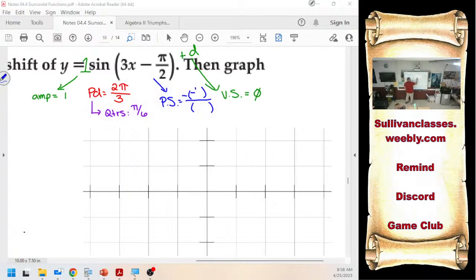So the negative pi over 2 goes here, the 3 goes here. Negative negative is positive. Pi over 2 divided by 3 is the same as pi over 2 times 1/3. Negative times negative is positive. Because it's a negative pi over 2.